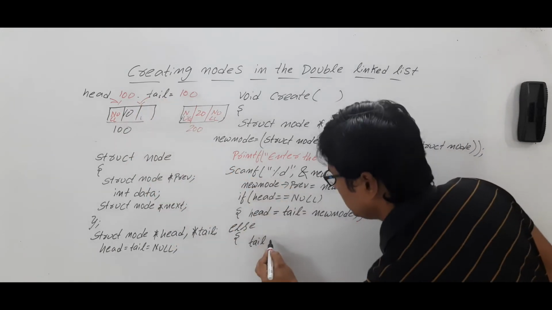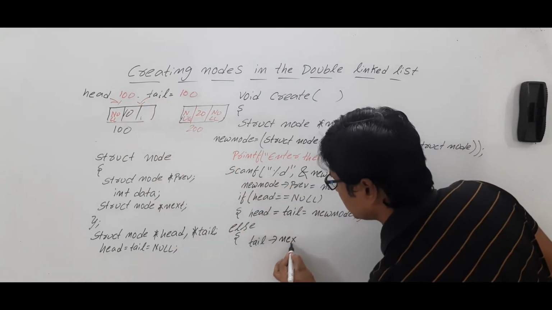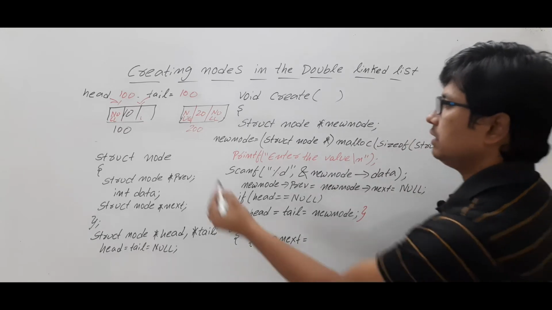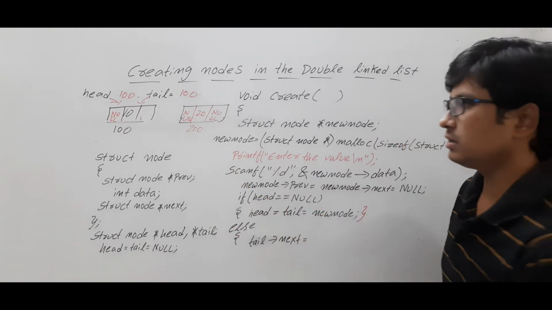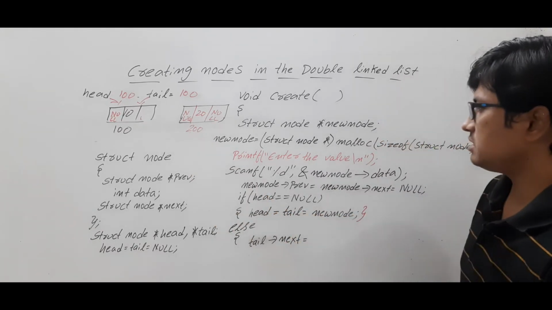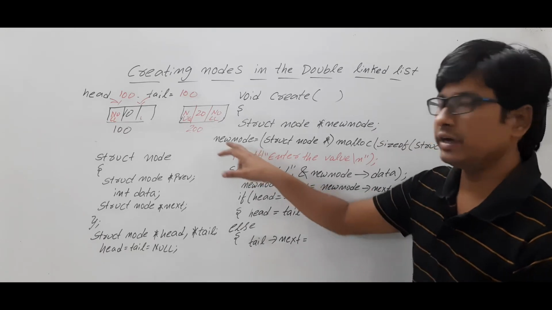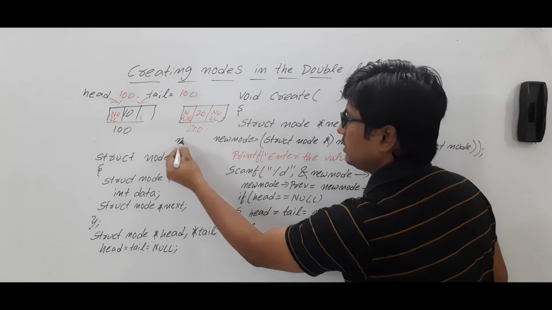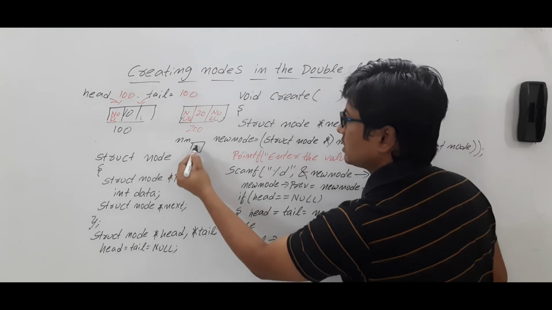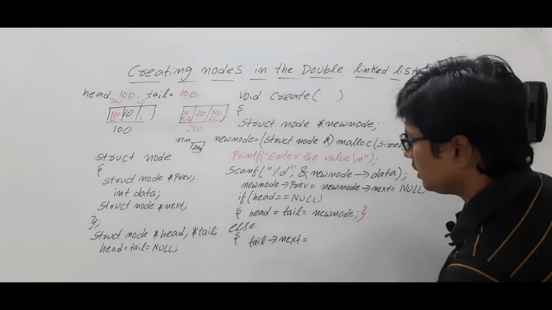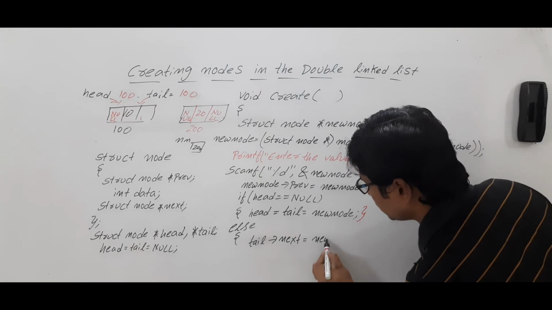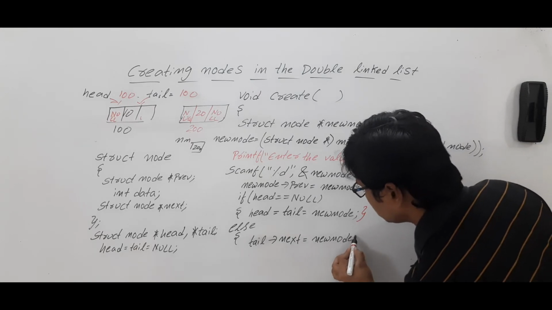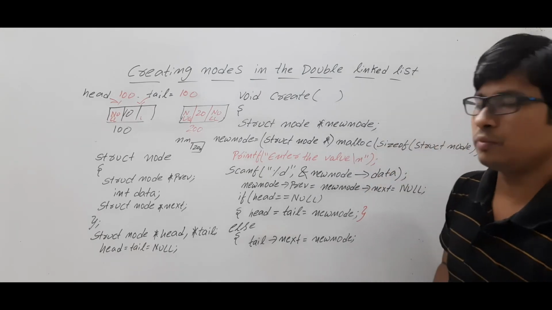Tail of next is equal to, in which pointer will this 200 be there? As it is a new node, the pointer is pointing to this one, new node will have the value 200. Let me write it as n, which consists of 200. So tail of next is equal to new node. Now what is the value in the new node pointer? 200.